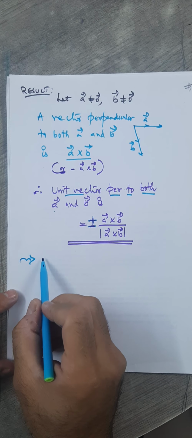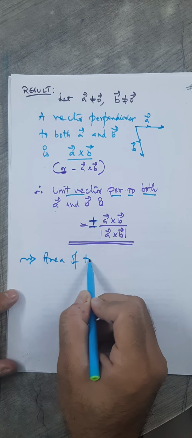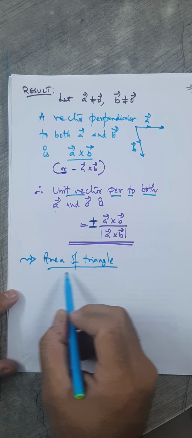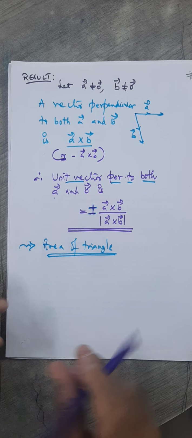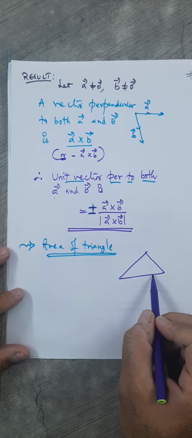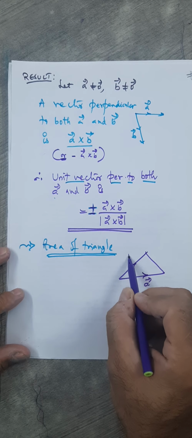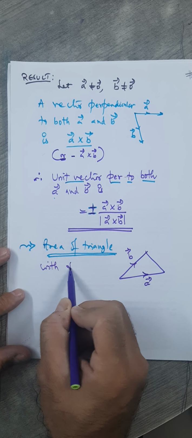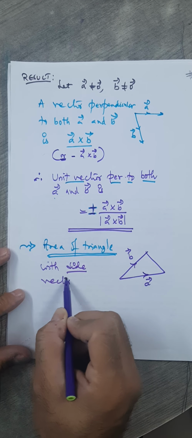Now next we want to get the area of a triangle. Area of a triangle here in R3, remember. So we have a triangle, for example, where we take the two side vectors as vector A and vector B. So this is vector A, this is vector B. So a triangle with side vectors, remember, I'm emphasizing the words side vectors.